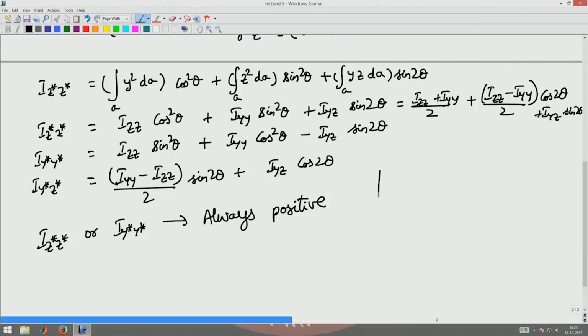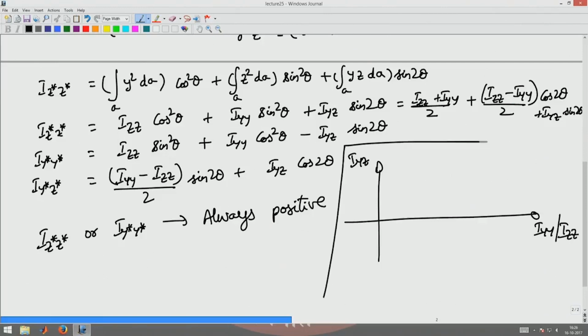So in the Mohr circle equations, if I plot Iyy or Izz along the x axis and Iyz along the y axis, then my circle would be something like this, wherein there will be positive Iyz and negative Iyz possible for certain orientations of the axis.